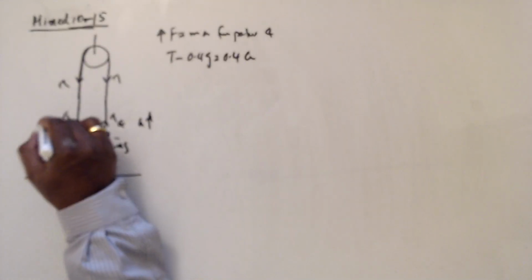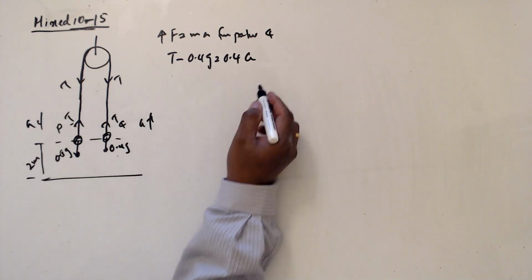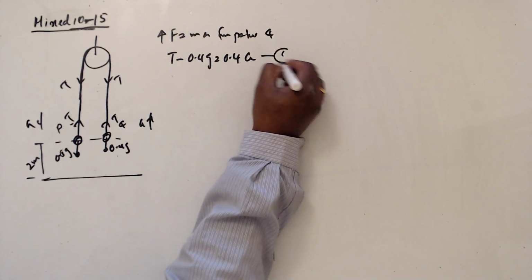This is A coming down, and this is the first equation.